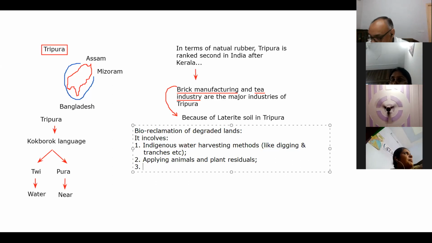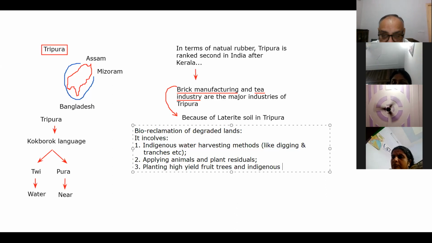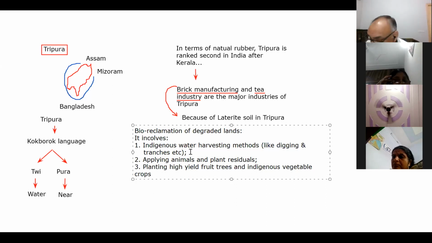And the third is planting high yield fruit trees. इसमें हम high yield fruit trees plant करते हैं, and indigenous vegetable crops. So we use that also.